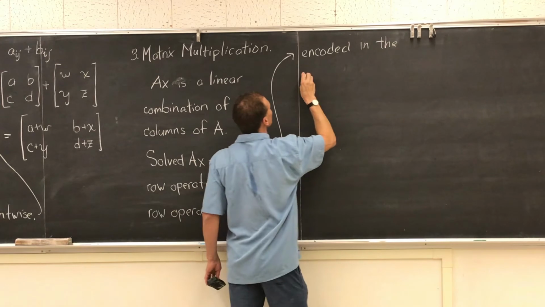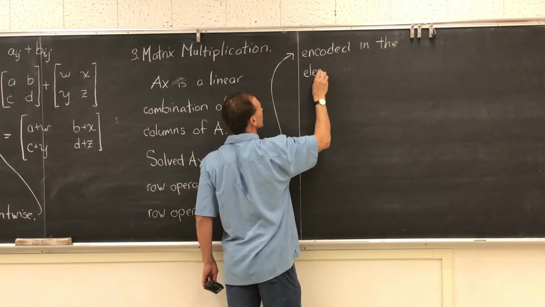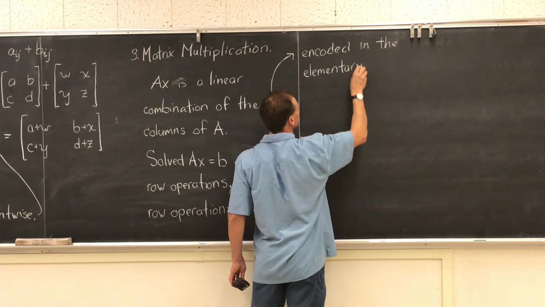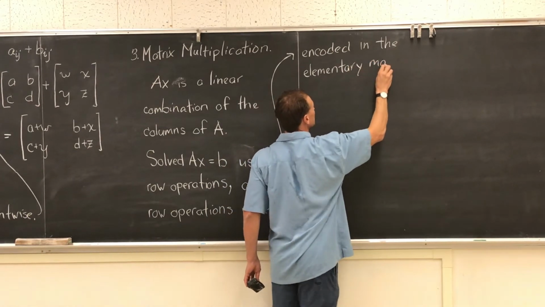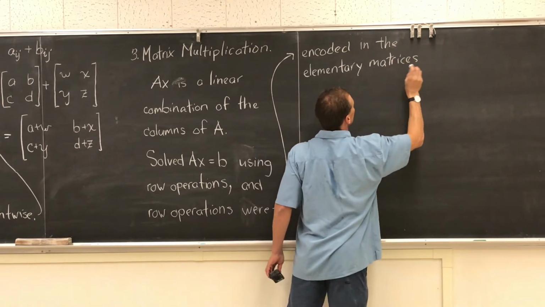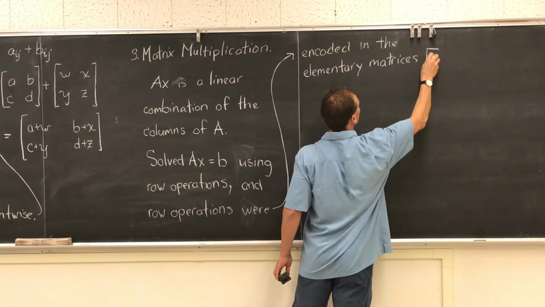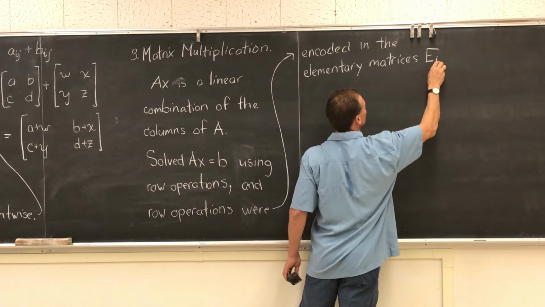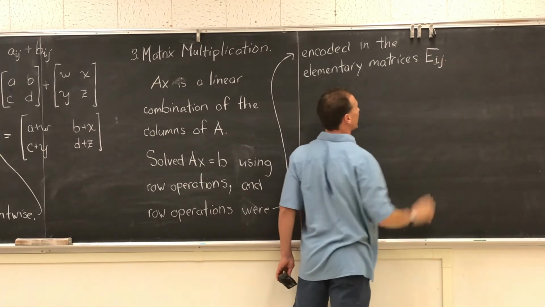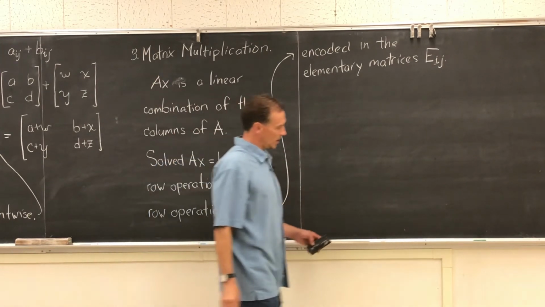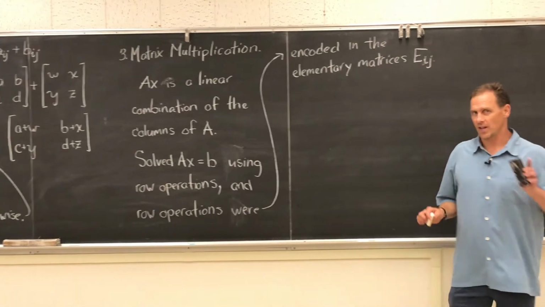The elementary matrices E. Or we could say the individual ones are E_ij, and the product of those we just called E. So let's put this together.